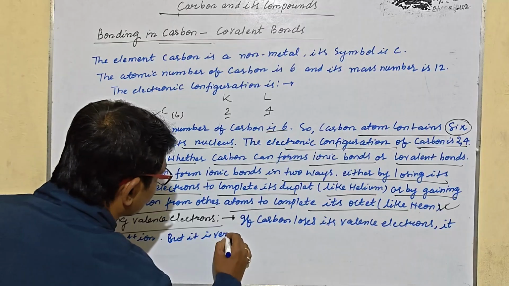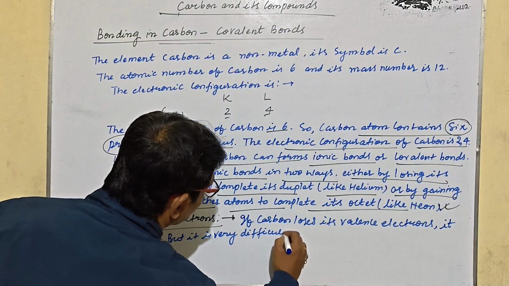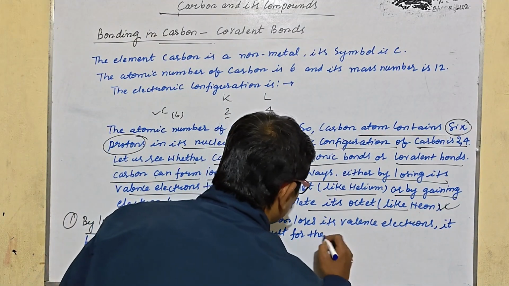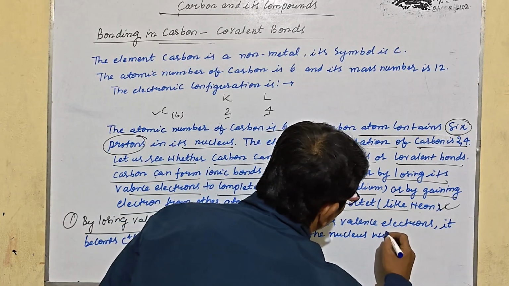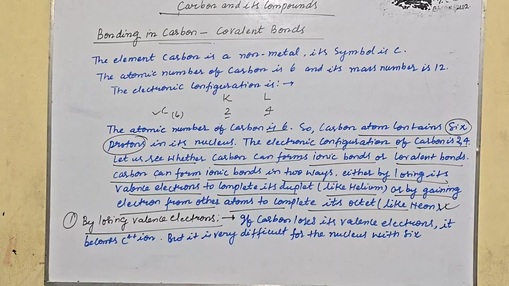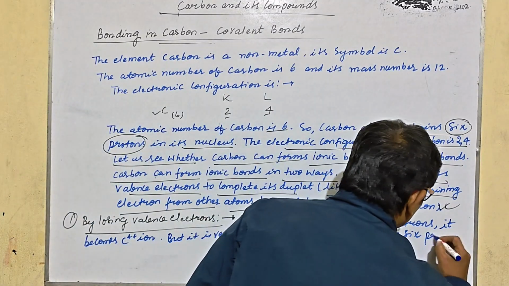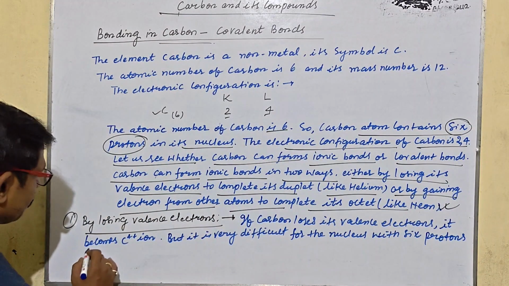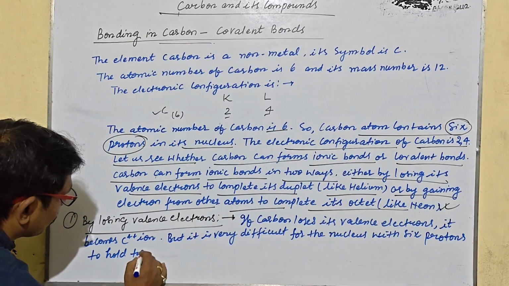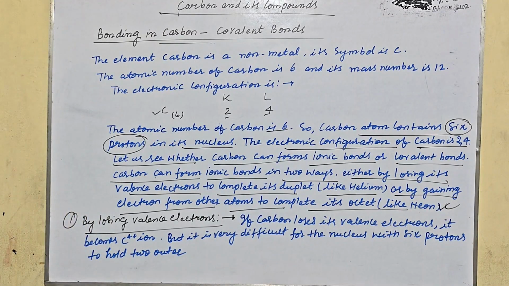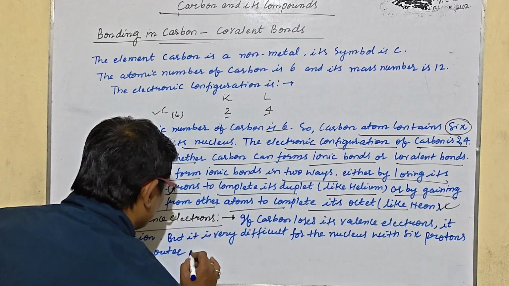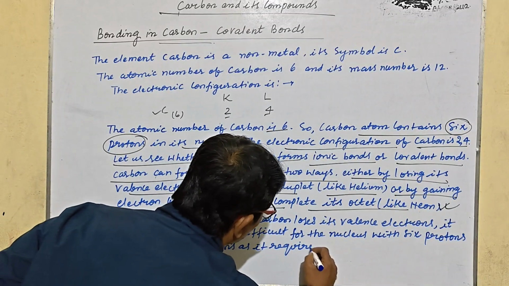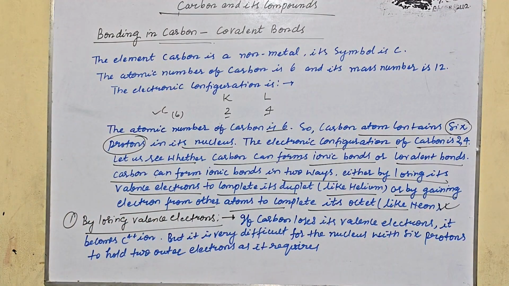But it is very difficult for the nucleus with six protons to hold two outer electrons, as it requires a large amount of energy.